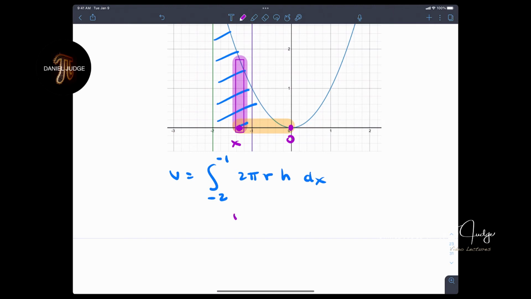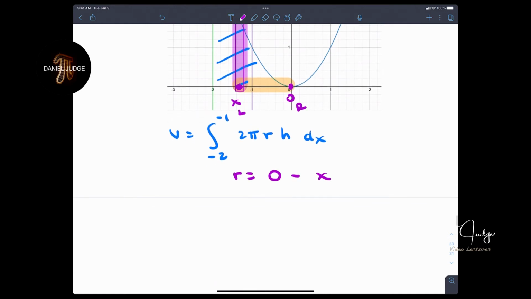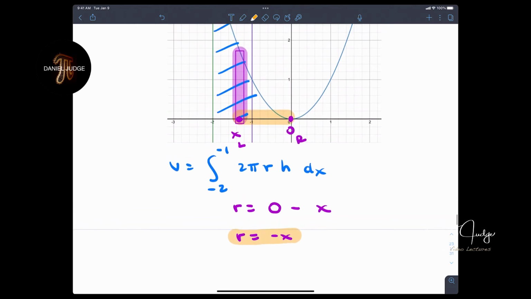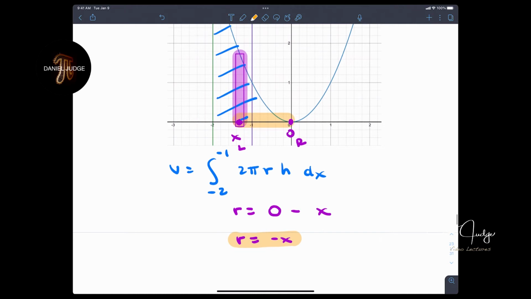So when your radius here is the right value minus the left, this is on your right here. This is on the left. We're measuring distance. Distance measured horizontally is right minus left. So take a look. What's very interesting is that your radius here is a negative x value now. That's how you measure distance. That's horizontal. That's the radius.